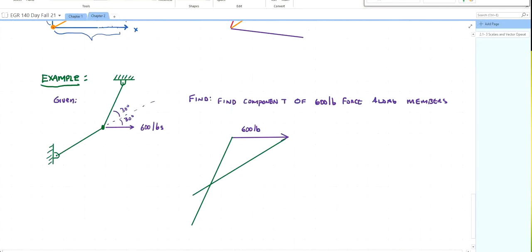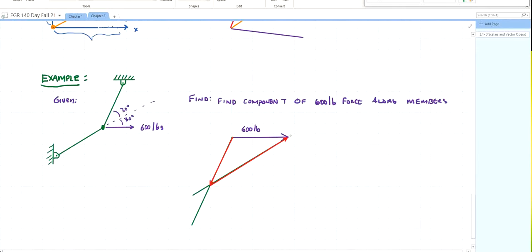So in essence, this is our first vector, and then this is our second vector. It gives us a resultant of 600. Okay, let's fill in some angles.